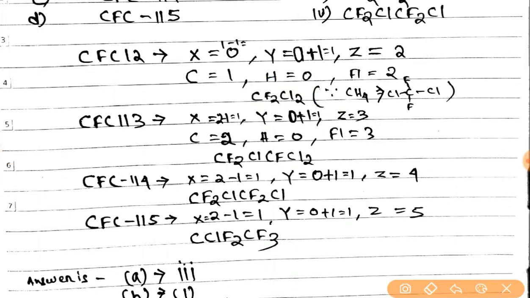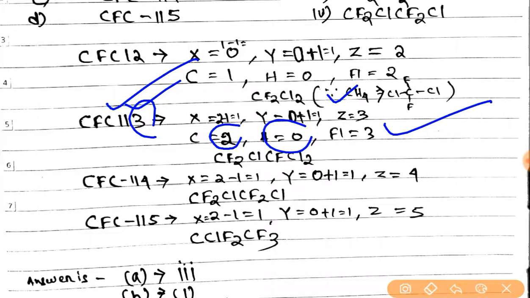Next, CFC 113. Here, X is 2 minus 1, that's why its value is 1, so the carbon number will be 2. Then Y is 1, so 0 plus 1 is equal to 1, so the hydrogen number will be 0 and the fluorine number is equal to 3.